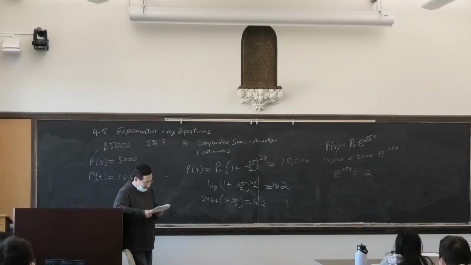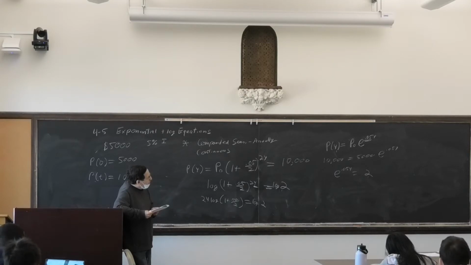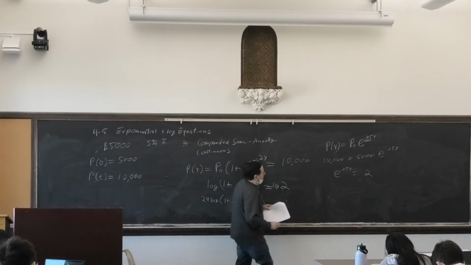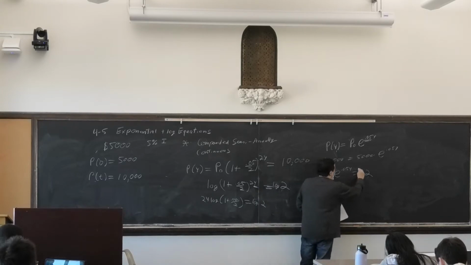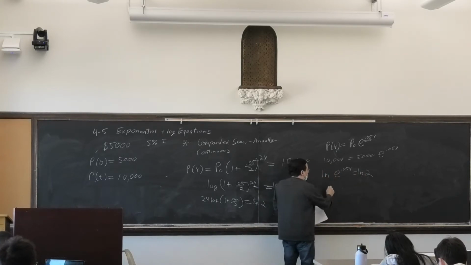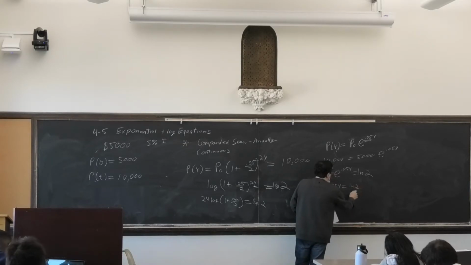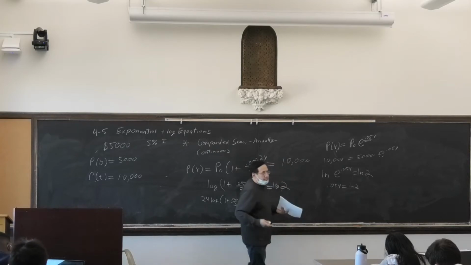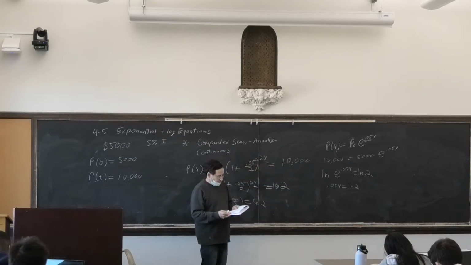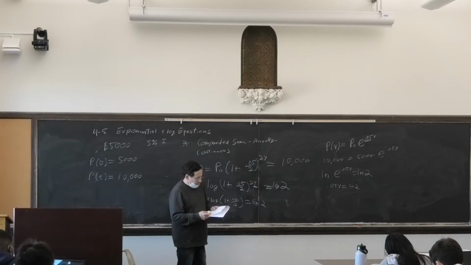It's growing, right? Taking the natural log of both sides, this becomes 0.05y equals ln 2, so y equals ln 2 divided by 0.05. Takes about 13 years.